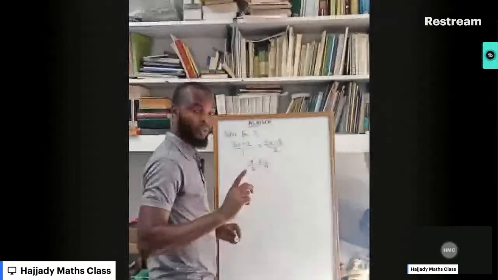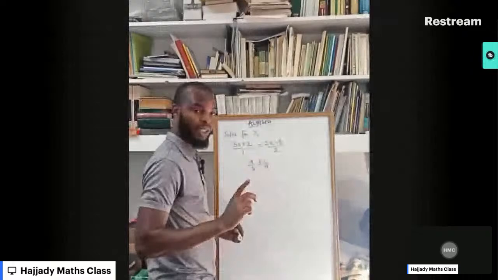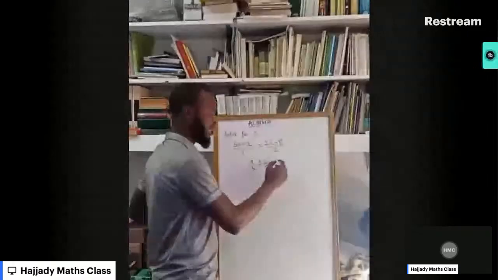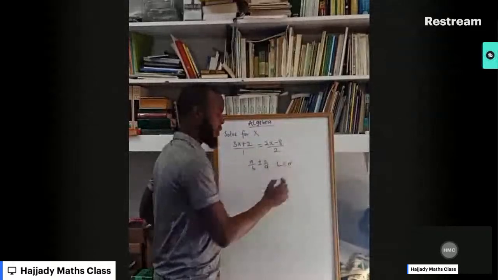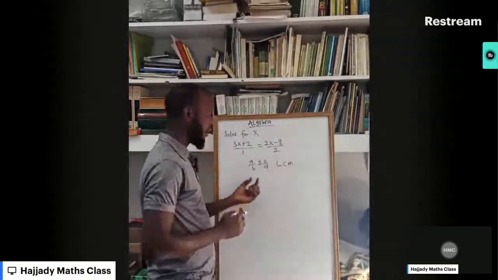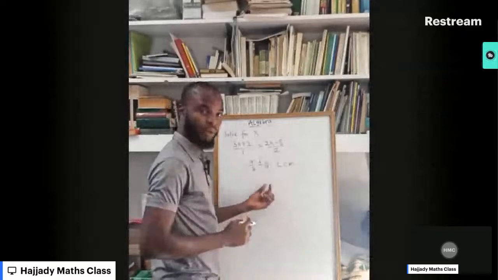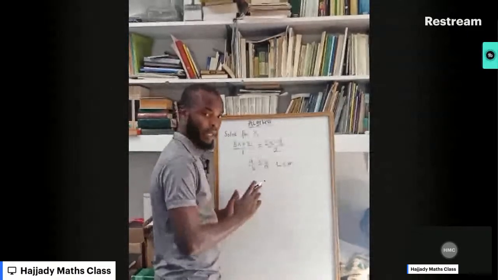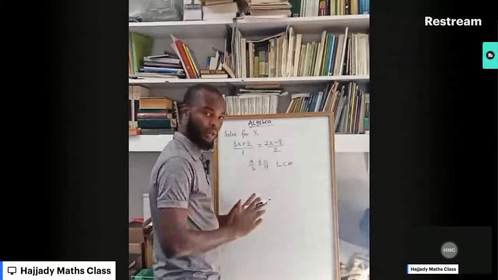The first one is to find the LCM, which is known as the lowest common multiple. Or you multiply both sides by the common multiple. That's the alternative way of doing this.